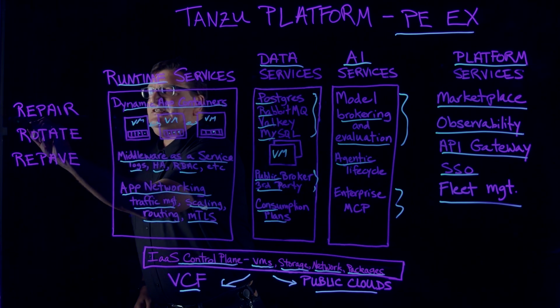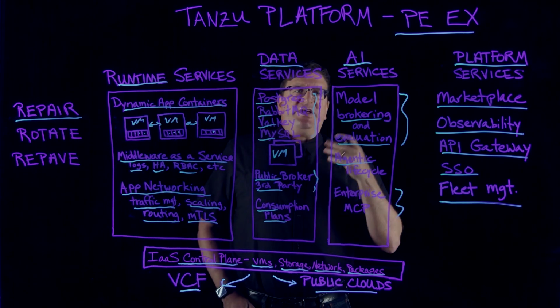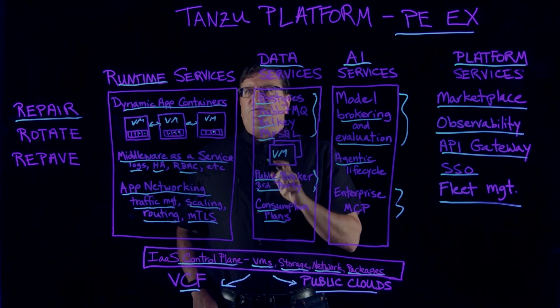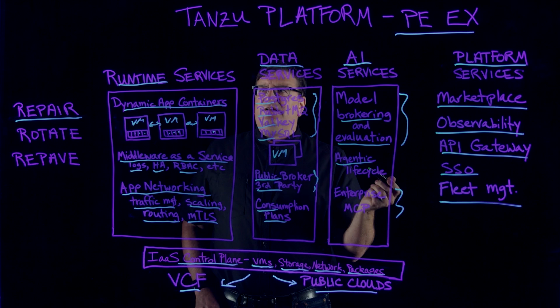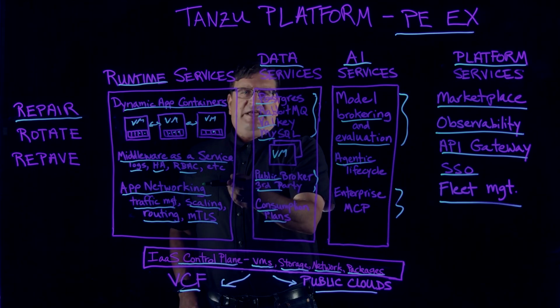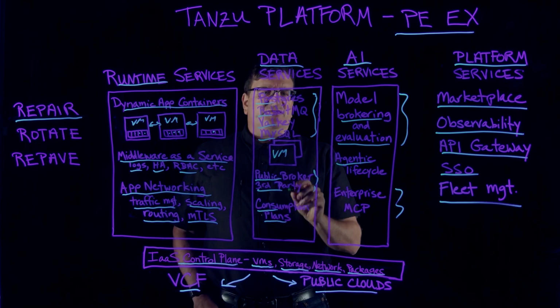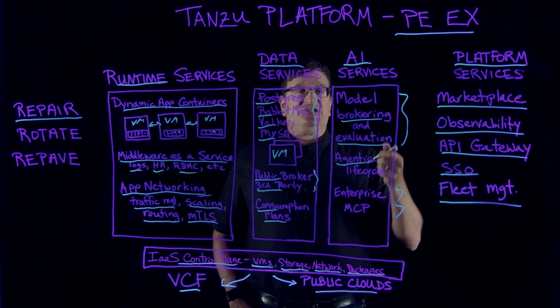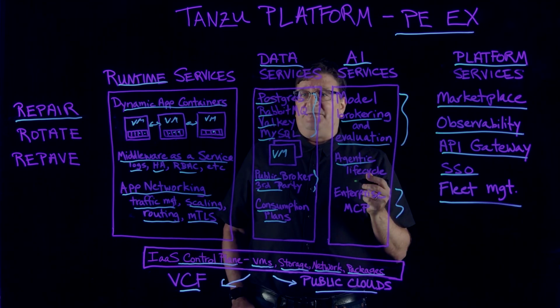The first one is repair. Imagine we have a CVE or some critical bug that we need to fix, whether that's in our application, or in any of the libraries that are part of the platform, maybe our data libraries, our AI libraries. Things are changing rapidly, and we need to keep them up to date.